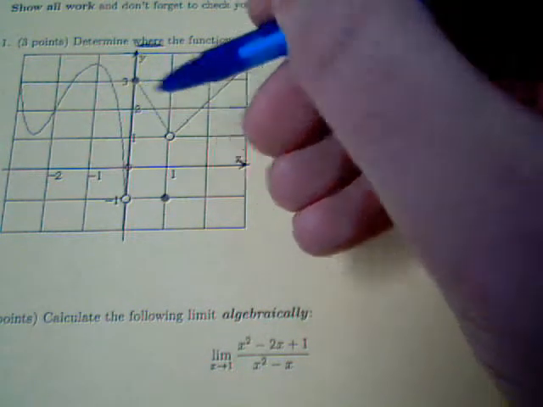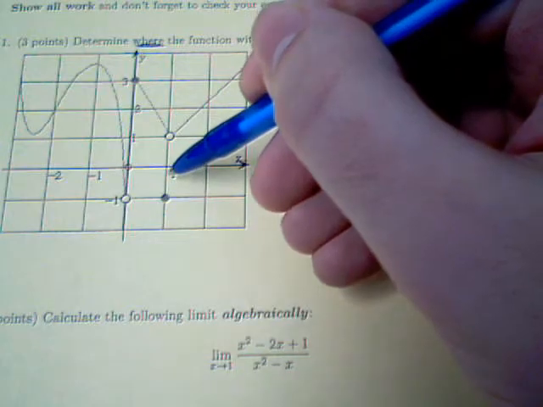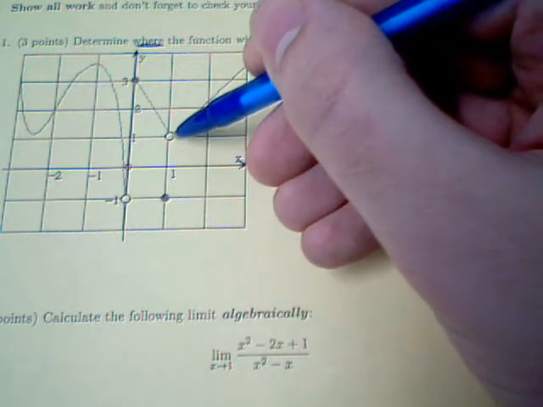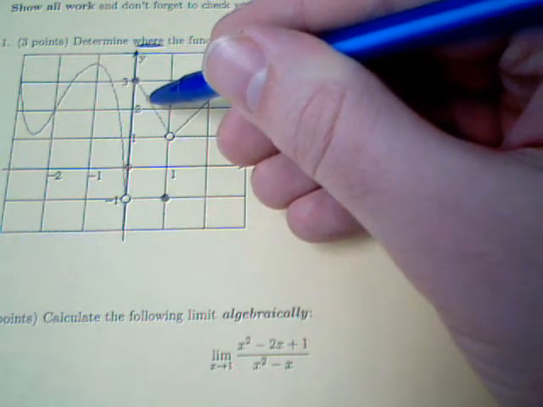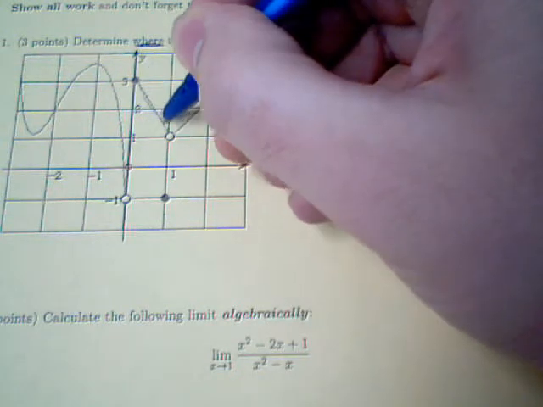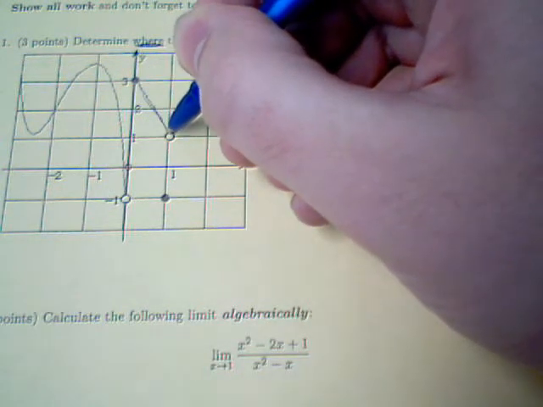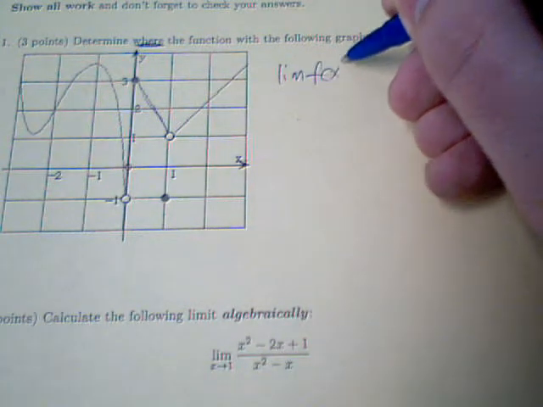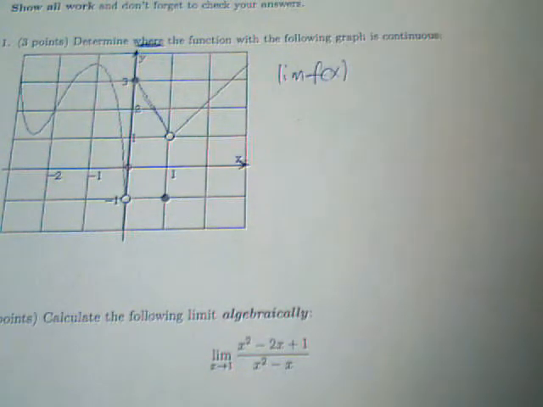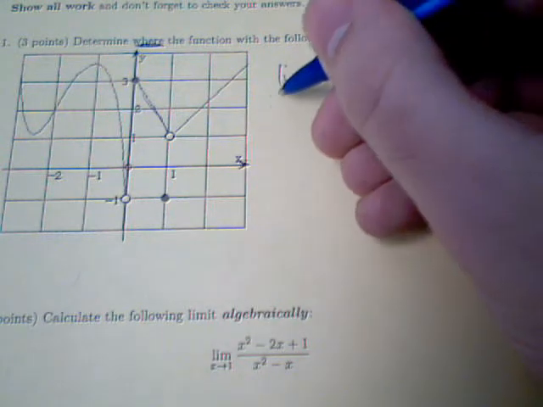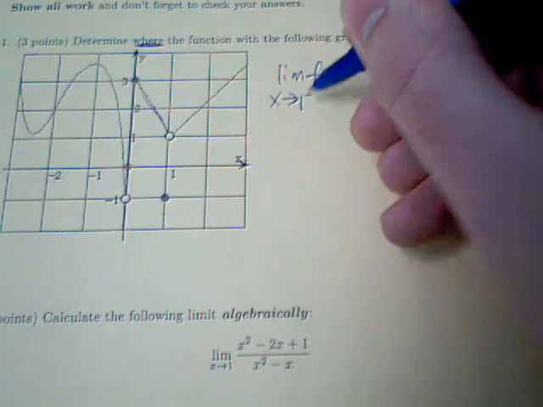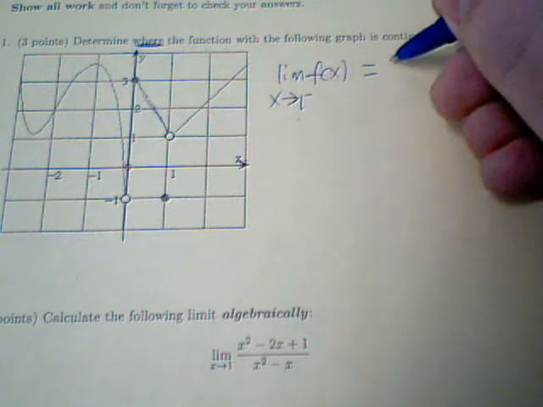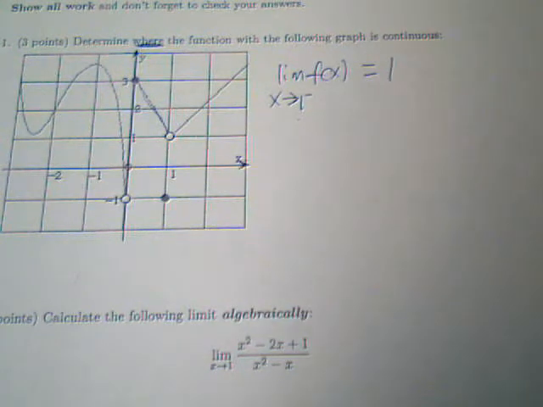Alright, so let's look at x equals 1 first. If I approach this from the left, follow this line in, the limit of f, we're going to refer to this as f, like we always do, as x approaches 1 from the left, it's 1, right?